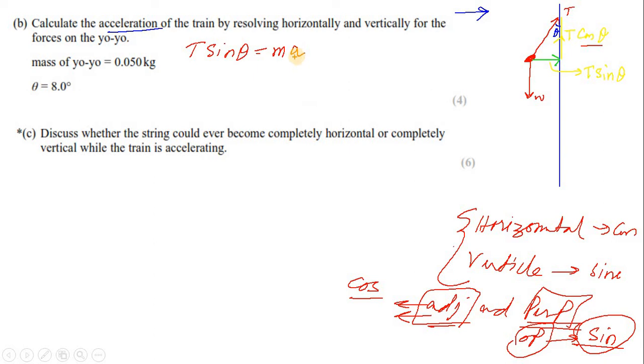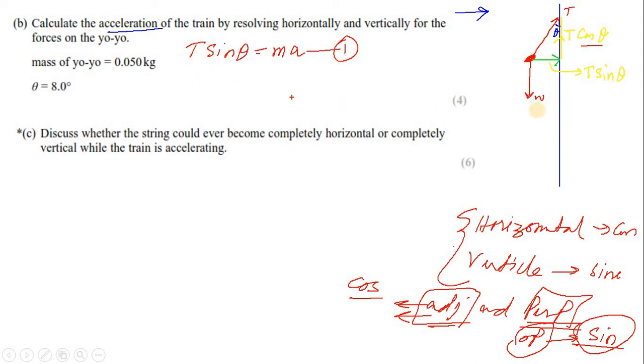You can figure out acceleration if you have mass, which is given, and theta, which is also given, 8 degrees, but we don't have T. So in order to find acceleration, first we need to find tension. I'll call this equation number 1, and we try to figure out tension first.